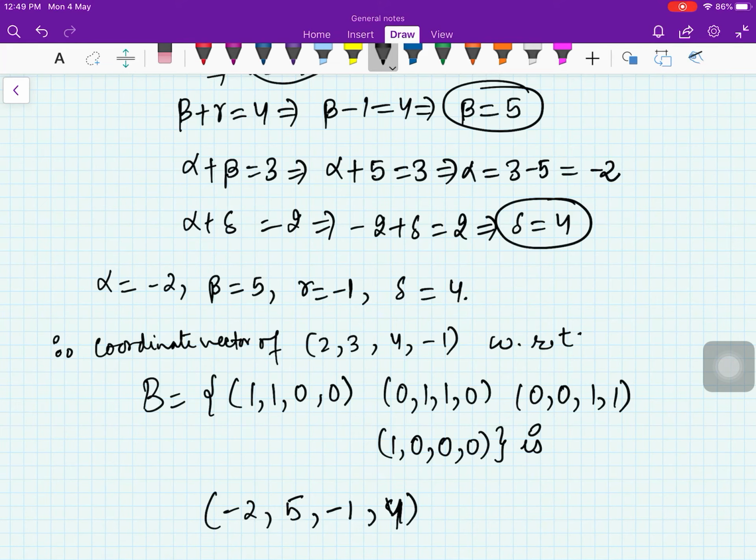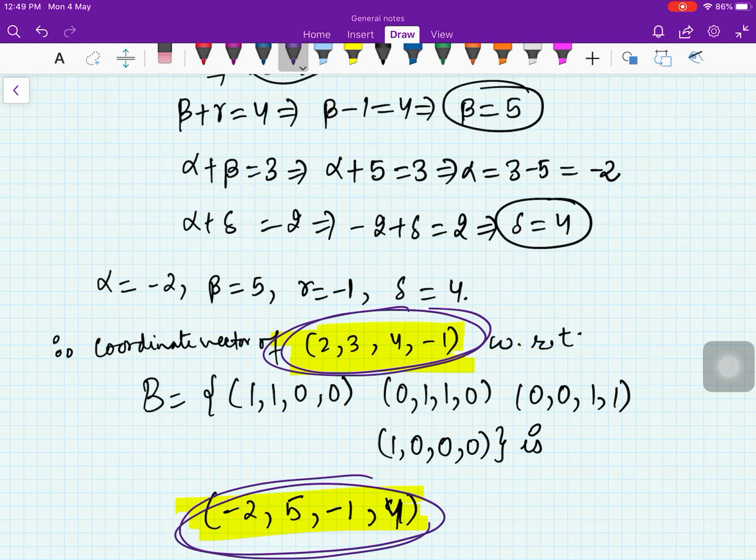So you see, the same vector has these two names: this name is with respect to the standard basis, and this name is with respect to this basis B. So this is called the coordinate vector. I hope you understand the concept of coordinate vector. This is just a name and it will change when you change your basis.